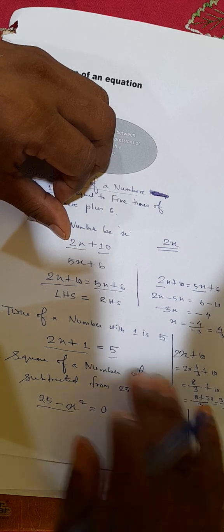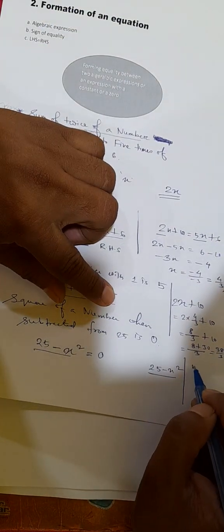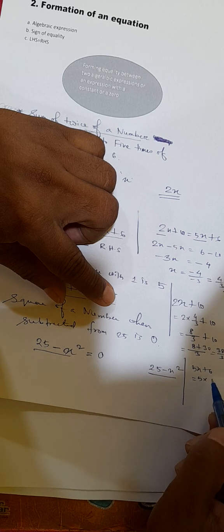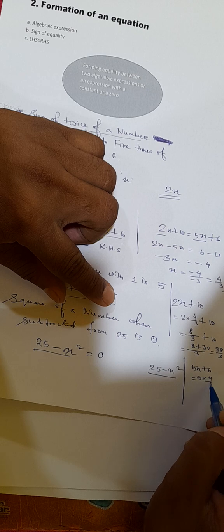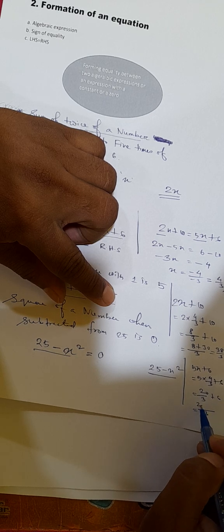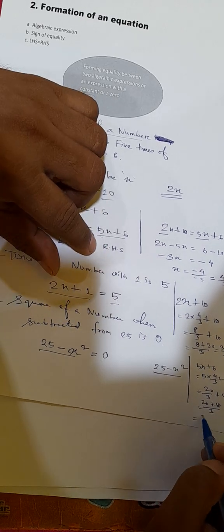Now let's find the right hand side, 5x plus 6. 5 into x means 5 times 4 by 3, plus 6. 5 fours are 20, so 20 by 3 plus 6, which is 20 plus 18, that means 38 by 3.